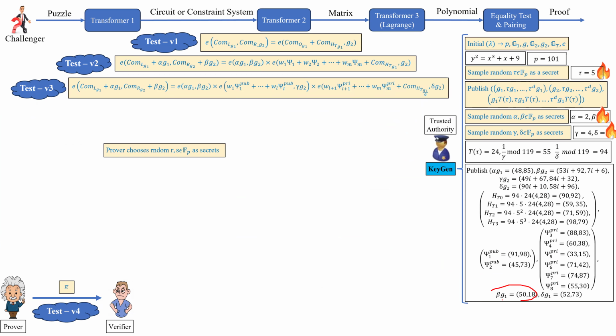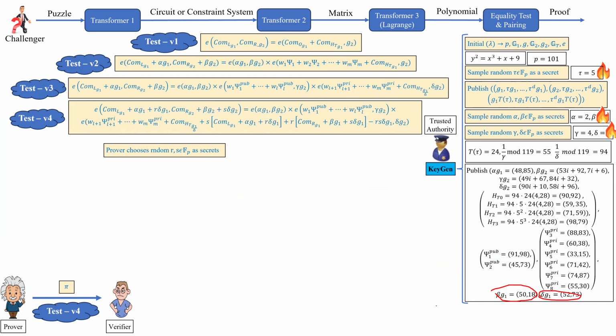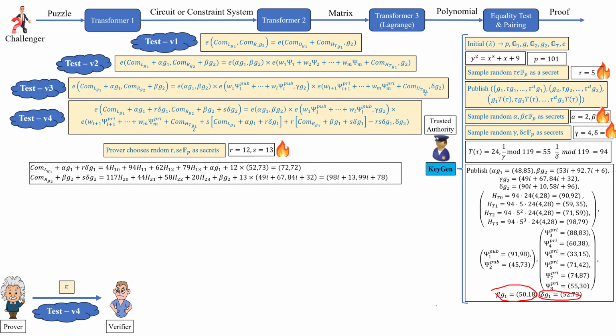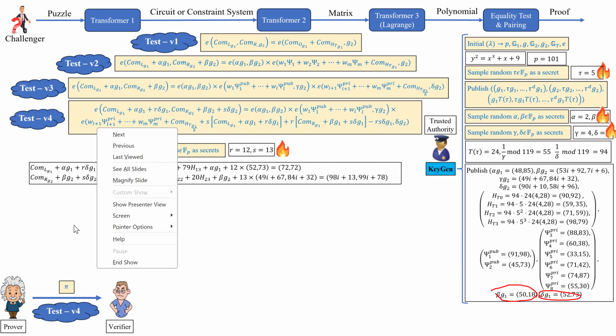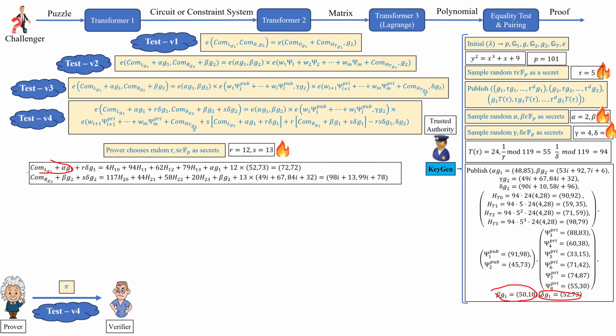Beta G1 and delta G1 are computed by the trusted authority and shared in the SRS or public parameters. So test version 4 is this one. We assume that the prover picks 12 and 13 as random. Definitely the prover doesn't want to share these values to the public, right? And then the commit of L plus G1 was already computed in test version 3, so that was an element in group G1.